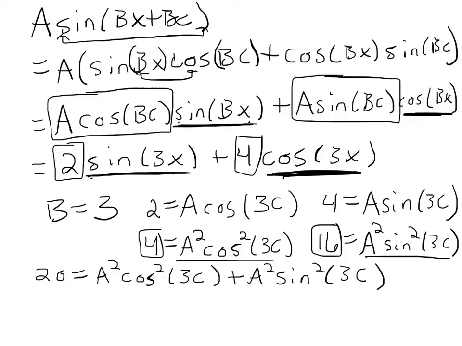So if I add the two left-hand sides together, that has to be the same as if I add the two right-hand sides together. But now I can actually solve this equation for a squared, because if I factor out an a squared, I'm left with cosine squared of 3c plus the sine squared of 3c.